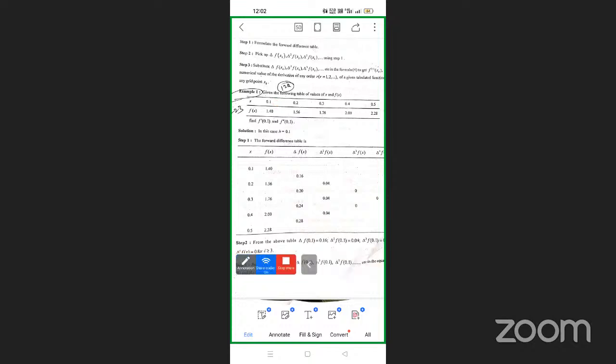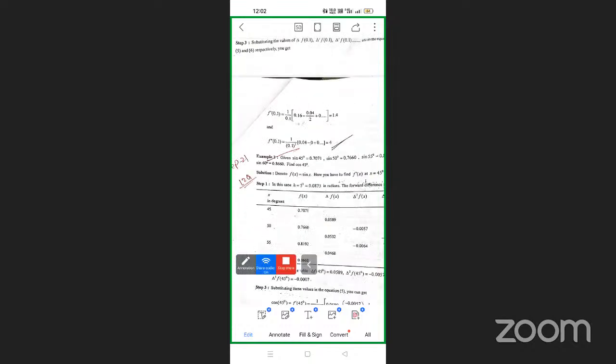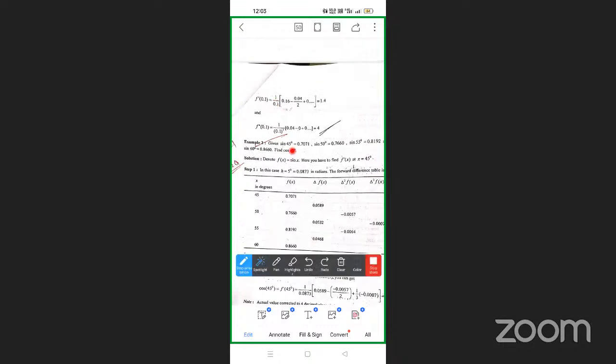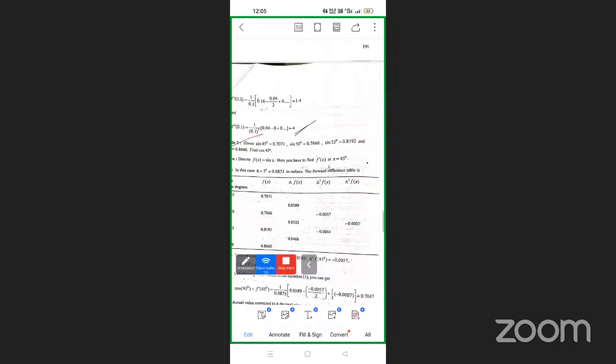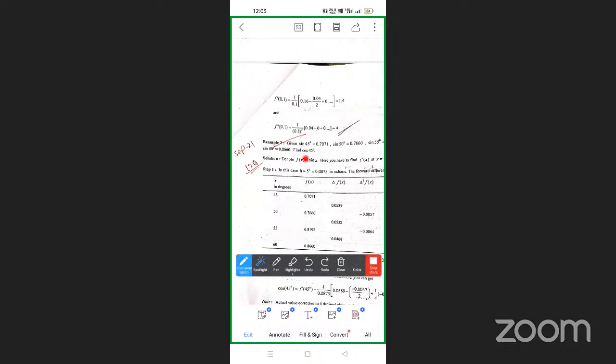The next is example 2. Given sine 45 is equal to 0.701, and sine 50, sine 55 in degrees, and sine 60, find cos 45. So we have to find out cos 45. The x values are 45, 50, 55, 60.